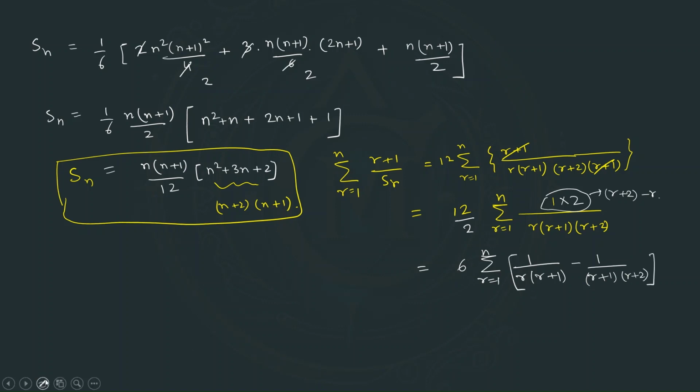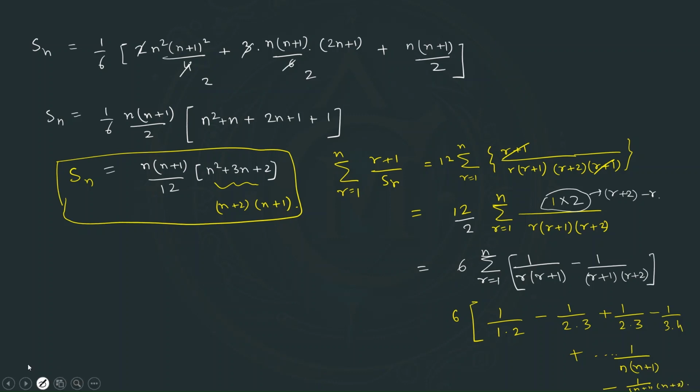Now if we put r equal to 1 to n, it will become 6 outside, 1 divided by 1 into 2 minus 1 divided by 2 into 3, plus 1 divided by 2 into 3 minus 1 divided by 3 into 4, and so on up to 1 divided by n into n plus 1 minus 1 divided by n plus 1 into n plus 2.